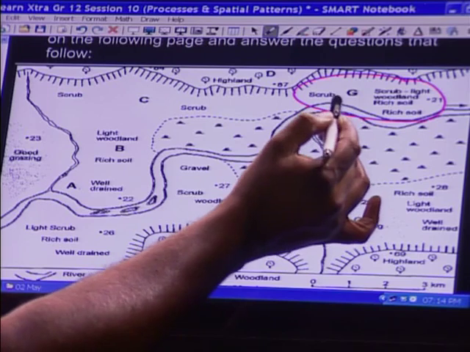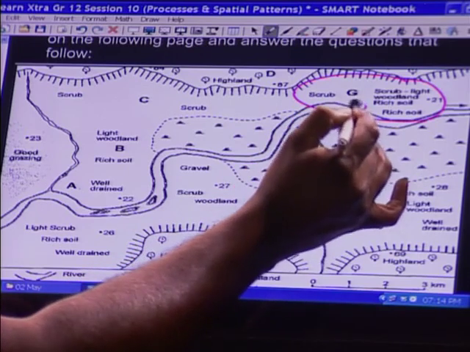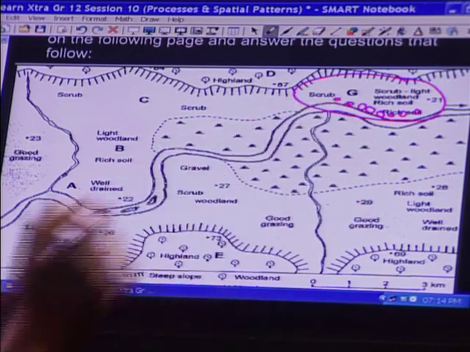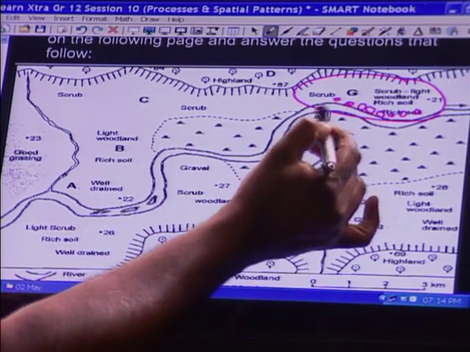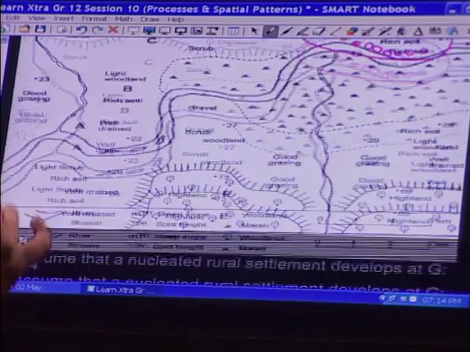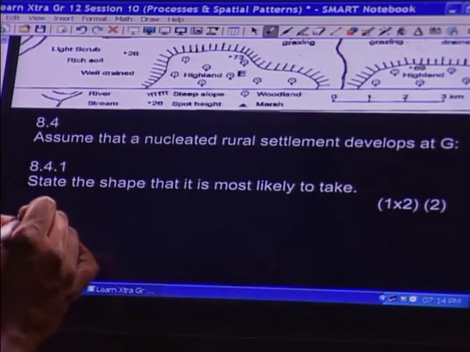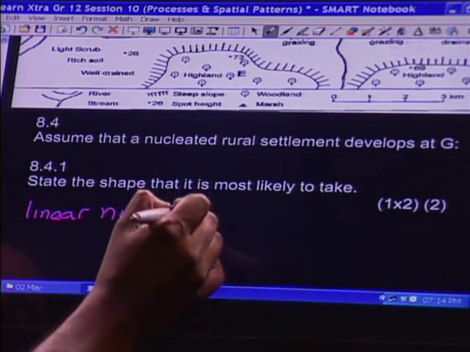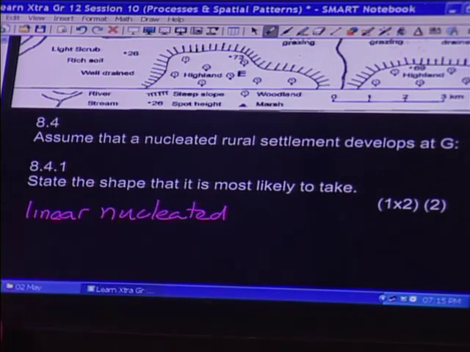This would offer a nucleation pattern of settlements along the river source, which would be suitable for both grazing land as well as accessibility to water. The most likely situation would be a linear nucleation or linear nucleated pattern. Let's move on to question 842.